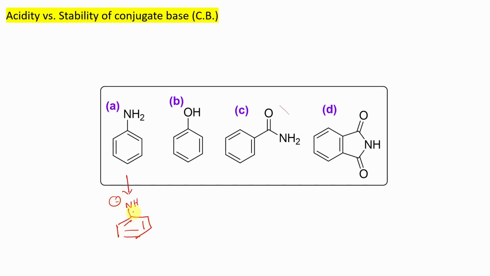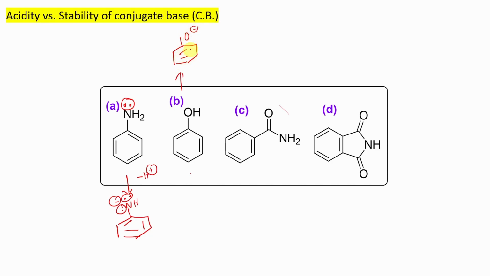One important piece of information: previously there was one lone pair on NH. After removal of one proton, there will be two lone pairs on the nitrogen atom, so don't get confused. Now in the case of phenol, you can see that is the phenoxide conjugate base.